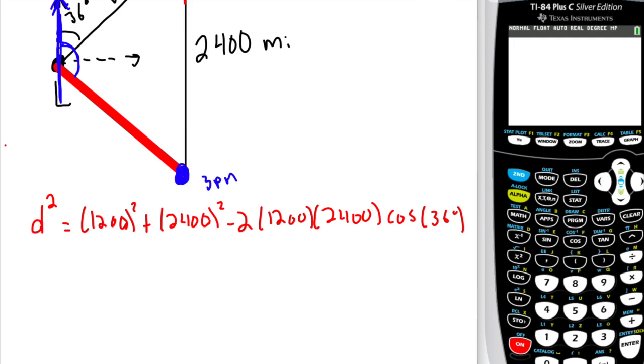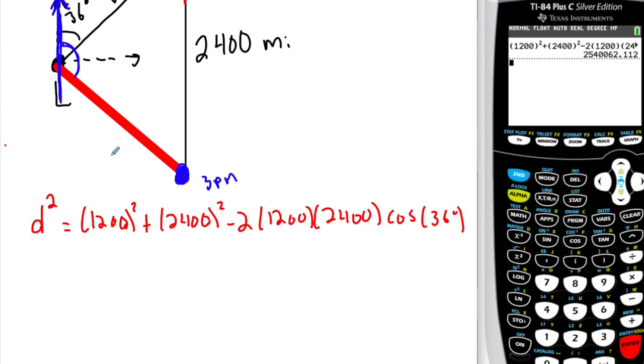Okay? So let's see if we can figure that out. So we just do that in our calculator.